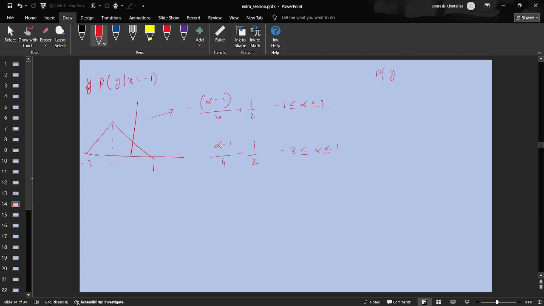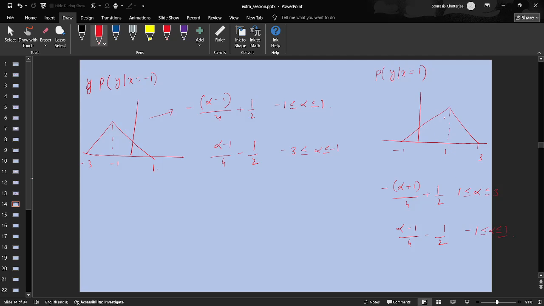Similarly, for p of y given x as 1, it's the one shifted to mean 1, and this expression is given as (alpha plus 1) by 4 plus half in the range -1 to 1, and (alpha minus 1) over 4 minus half in the range 1 to 3.